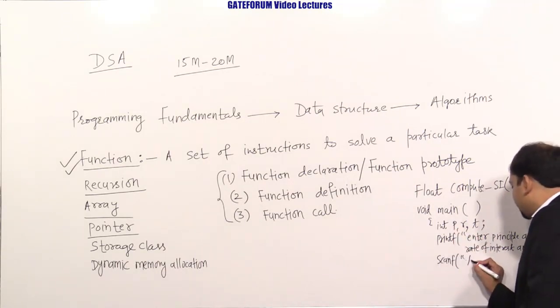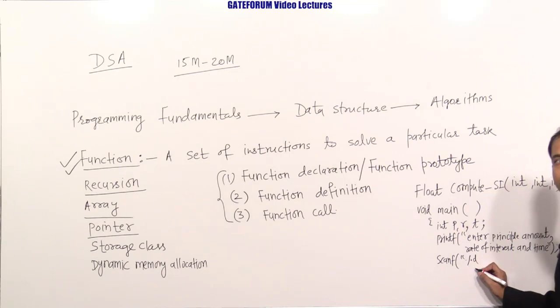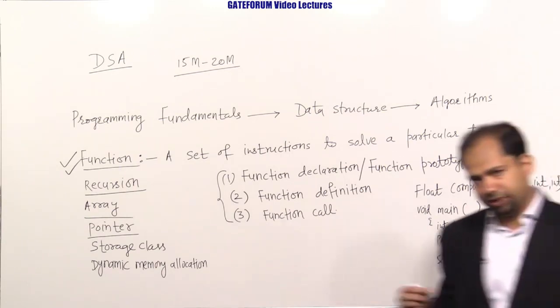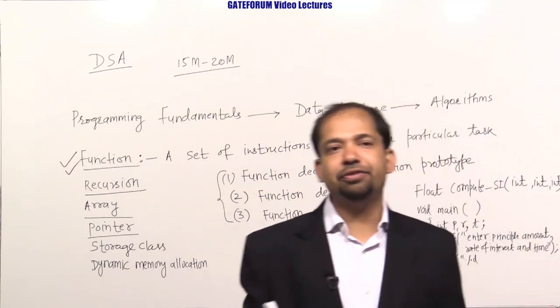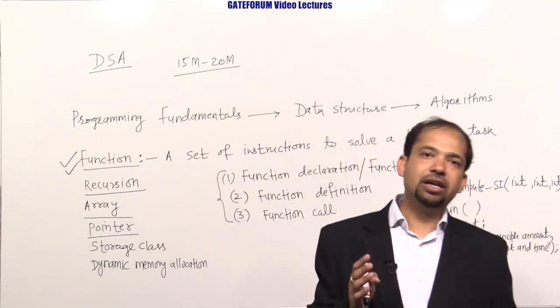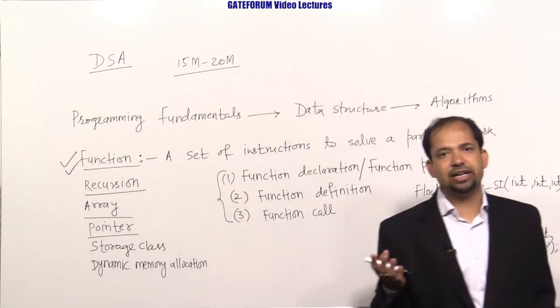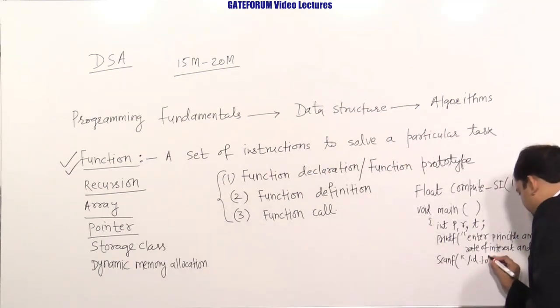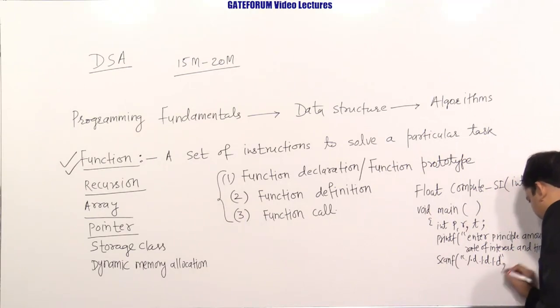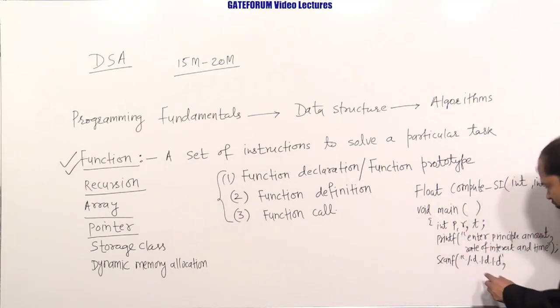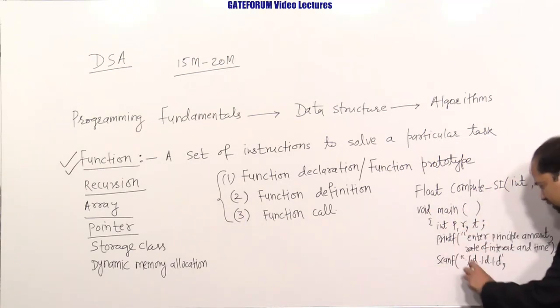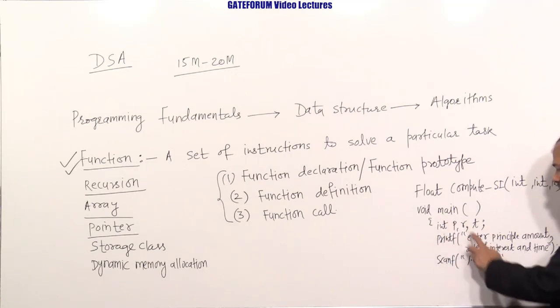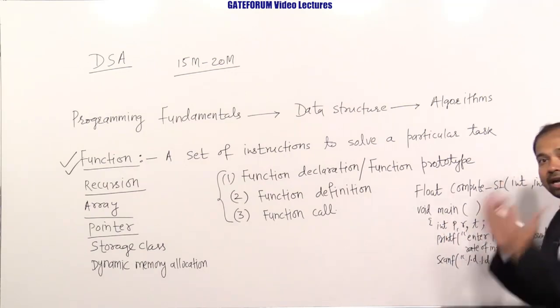They are all of integer type, so we will write %d. %d is called an access specifier: d for integer, c for character, f for float, u for unsigned. So %d, %d, %d, and wherever we are storing the value scanned for p, r, t, we have to store it at its address.